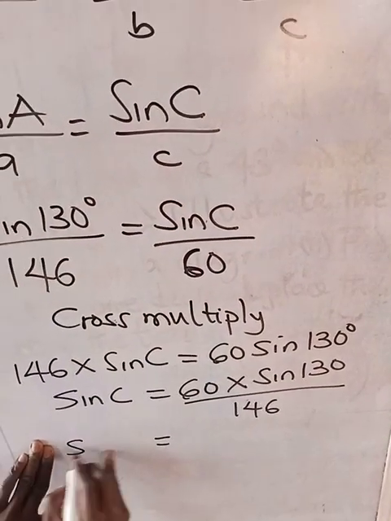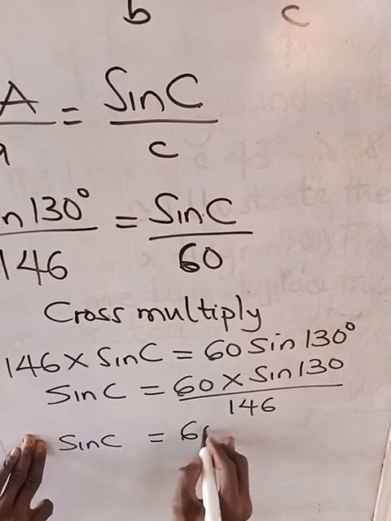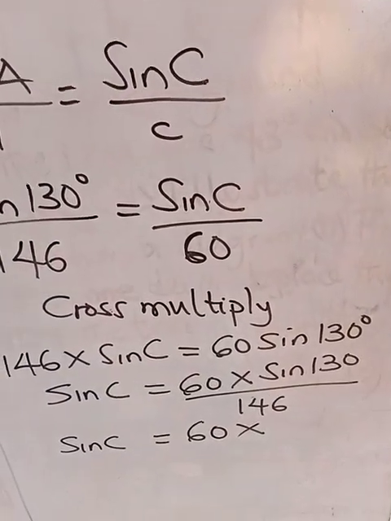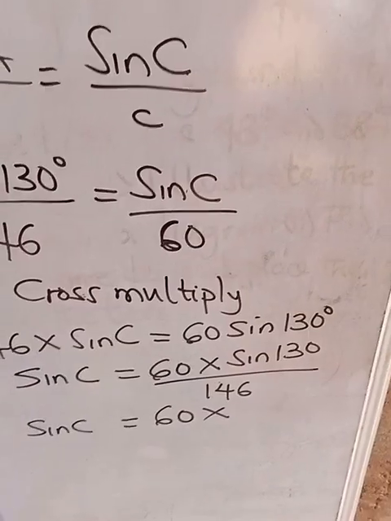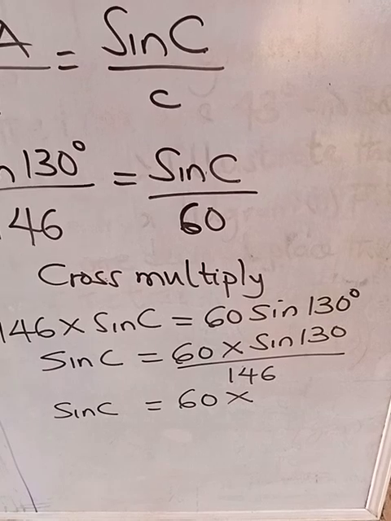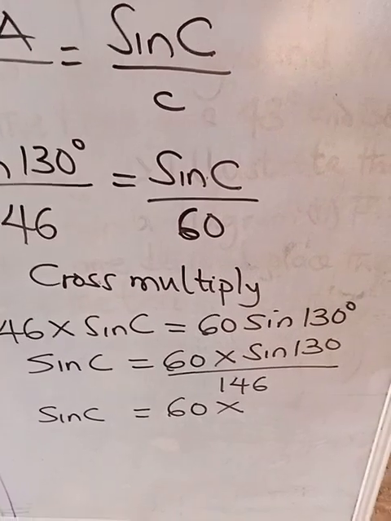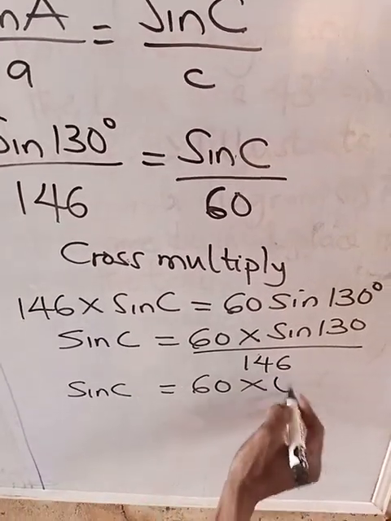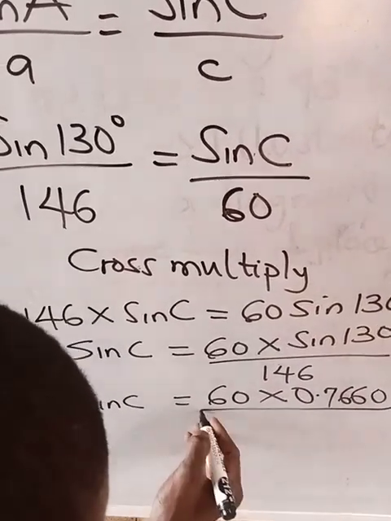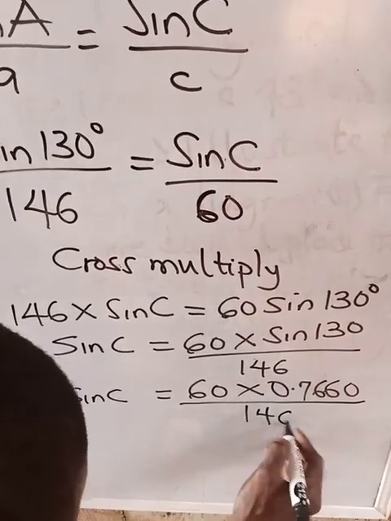So sine C invariably will be 60 multiplied by sine 130. What is sine 130? Sine 130 is 0.7660, divided by 146.